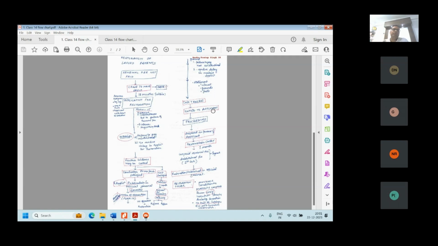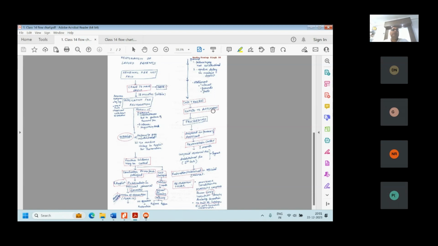The application for restoration will be under Form 15. In Form 15, as you are doing in everything, first you will state the objective. The objective here is that your patent should be restored. So you have to tell what happened that you could not pay the renewal fee. You have to give a statement of the circumstances which led to the failure to pay the renewal fee, and provide the evidence that because of these circumstances you could not pay.